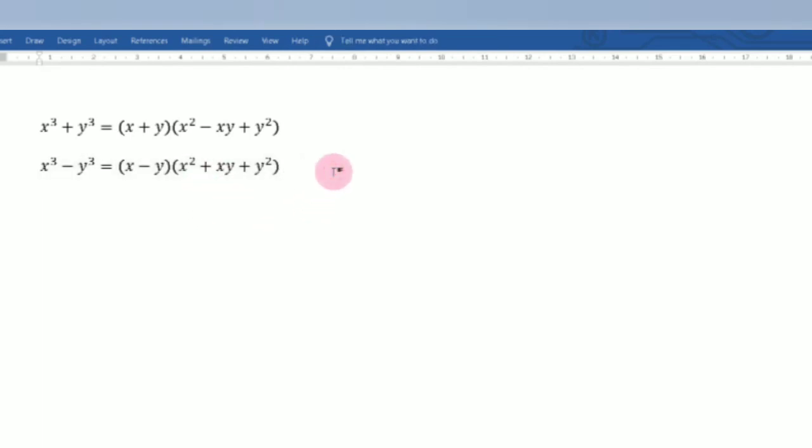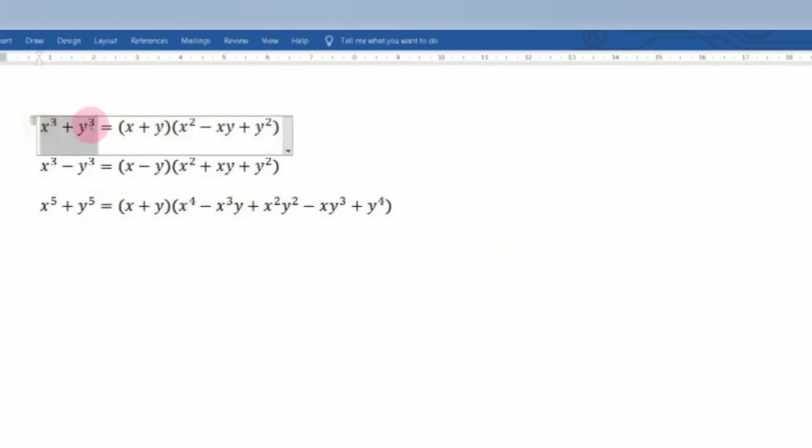But actually, we can do the same thing with distinctive patterns if we have the sum of two powers with equal exponents, but only for odd numbers. So for example, x to the fifth power plus y to the fifth power, equal exponents, 5 and 5. So the factor will be, look at the patterns, related to this one.